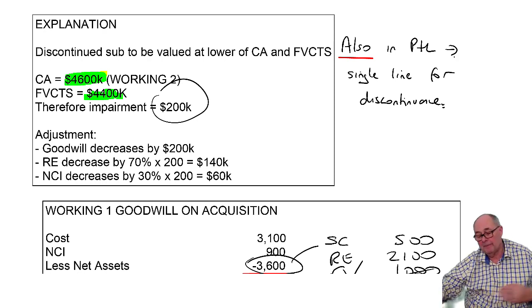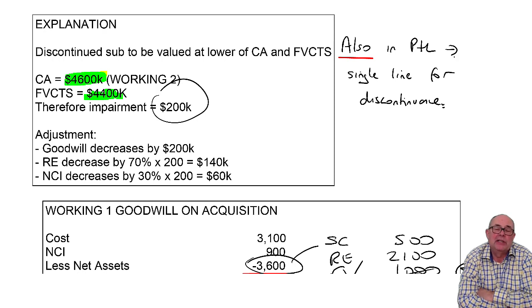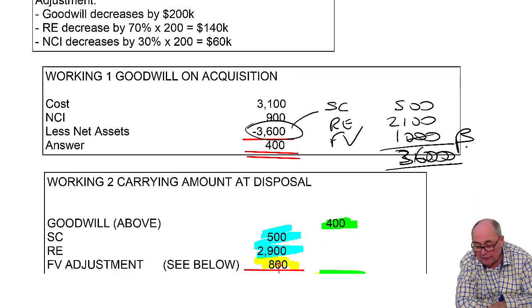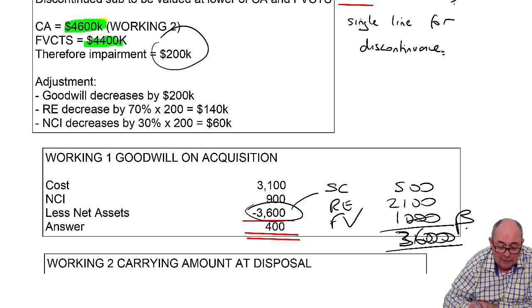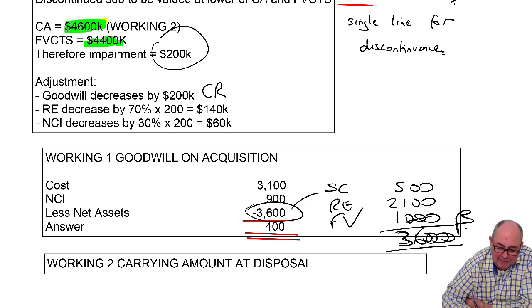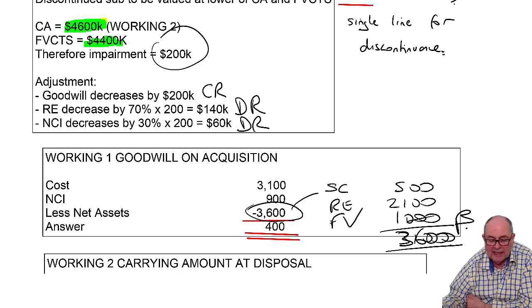Now remember that when you write down a subsidiary, you write down a cash generating unit, goodwill is always written down first. So that 200 will reduce the carrying amount of goodwill. Those of you that like double entry, that's a credit. Because we're using full goodwill, the debit will be 70% against retained earnings and 30% against the NCI.